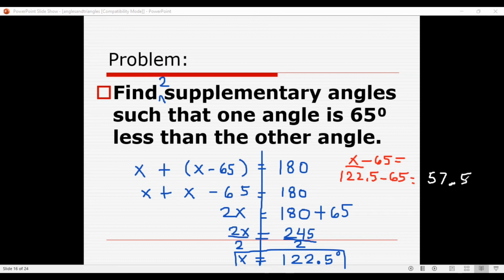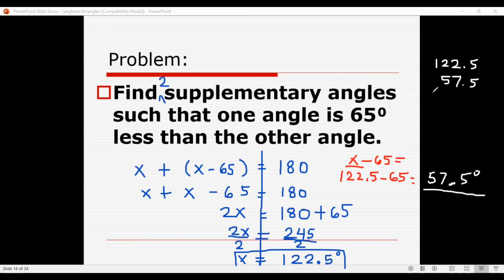So one of the angles is 122.5, and the other angle is 57.5. How are we going to check if we are correct? The sum of these two angles should give us 180 because they are supposed to be supplementary.